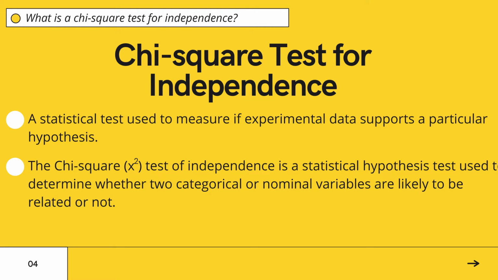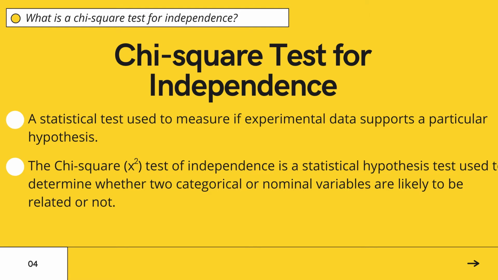What is a chi-square test for independence? From the previous one, we learned that the chi-square test is used to measure if experimental data supports a particular hypothesis. A chi-square test can be used in different ways. Either, like the previous one, goodness of fit, or how well the experimental data fit or support the hypothesis. But with mine, the chi-square test is used for finding independence.